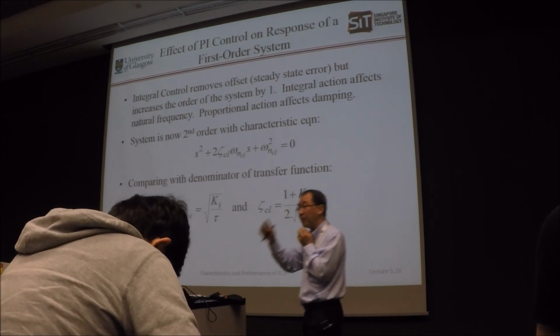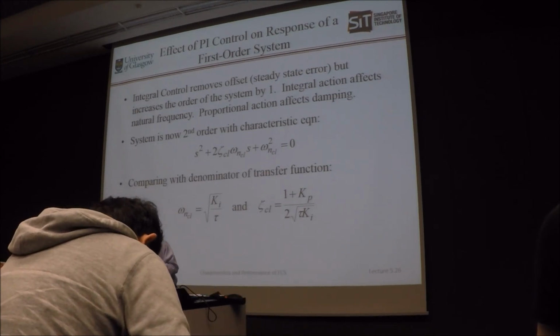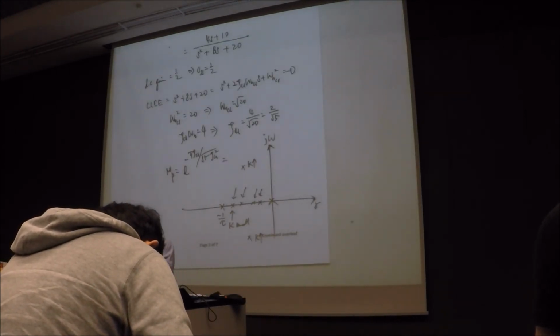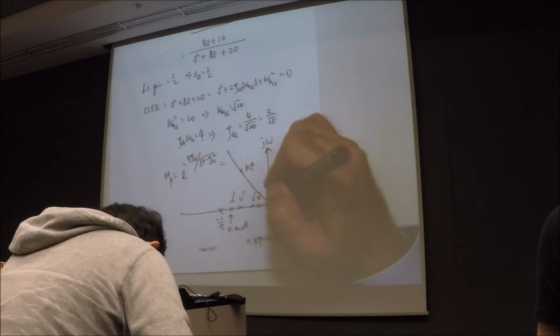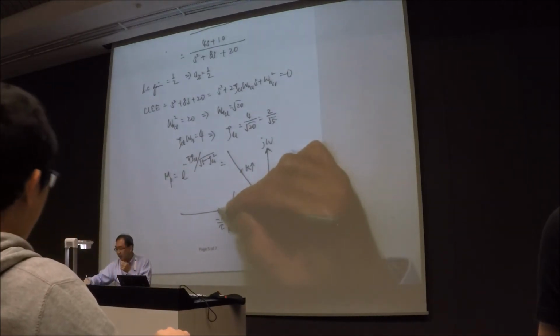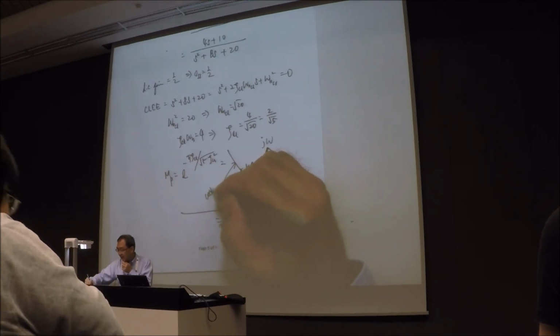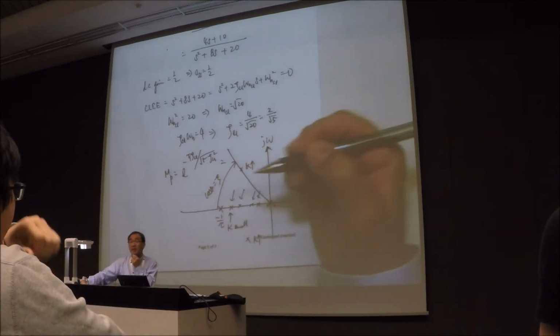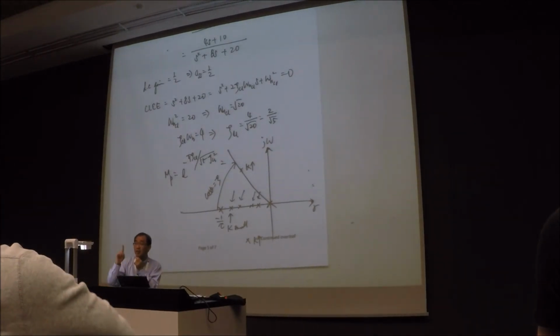If you still remember, when we talked about the damping ratio, the measurement is from your negative real axis. Cosine theta is equal to your zeta. On the negative real axis, zeta is equal to 1.